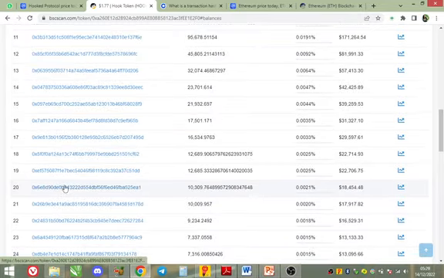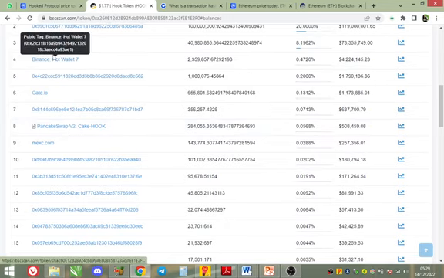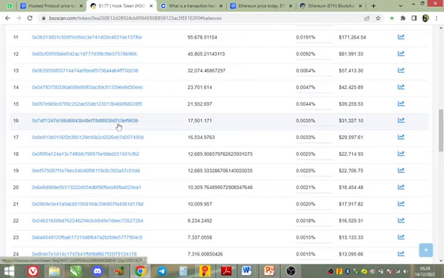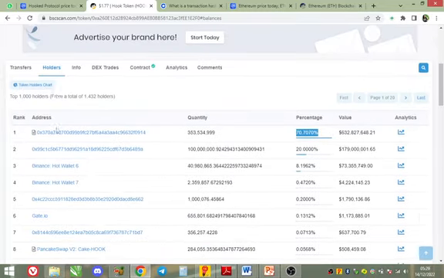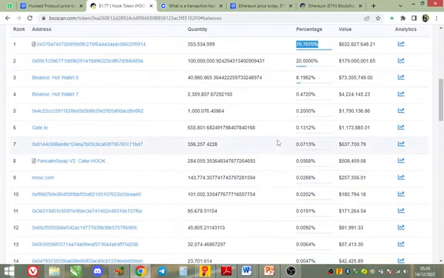Where we have names, like Gate.io and Binance, we know who is holding it. But these are also wallets holding this token that do not have a specific name; we only know them by their wallet address. You can track any of these holders and know when they are buying.